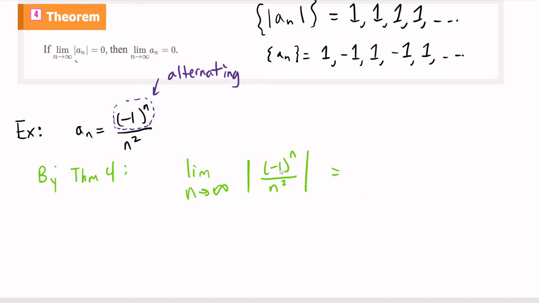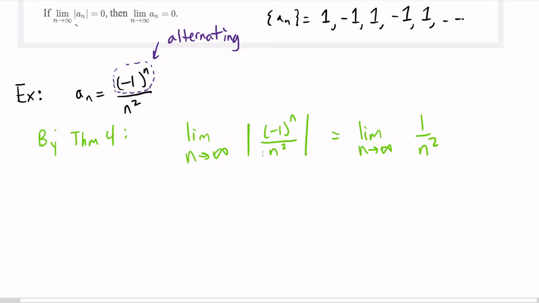This just takes everything and makes it positive. So that just makes this limit equal to 1 over n squared. Because this (-1)^n all it did was try to make me positive, negative, positive, negative. Absolute value just gets rid of that. And this one, we're done. This one is 0.